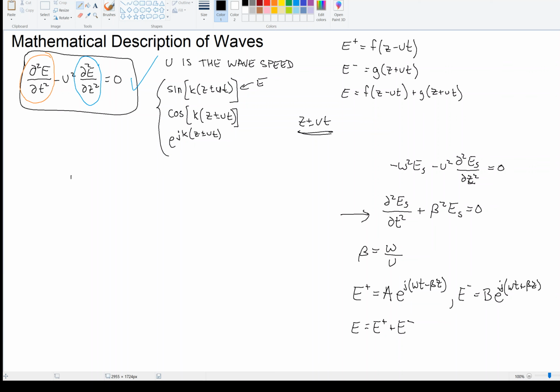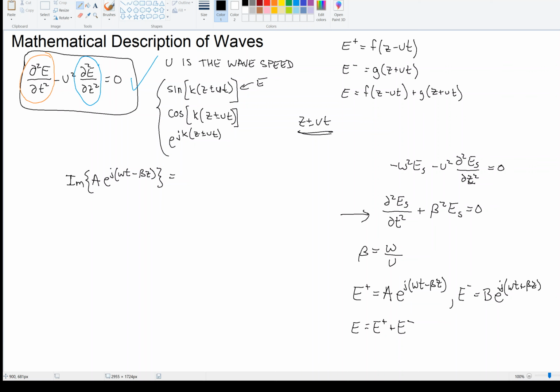Now, remember that the relationship between complex exponentials and sinusoids is regarding Euler's formula, where we can take the imaginary parts and the real parts. So for example, the imaginary part of A times e to the j omega t minus beta z, what is that?